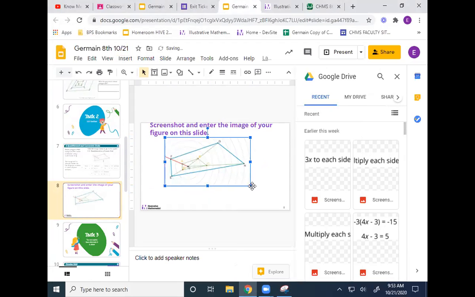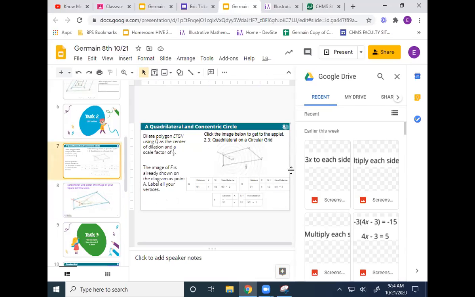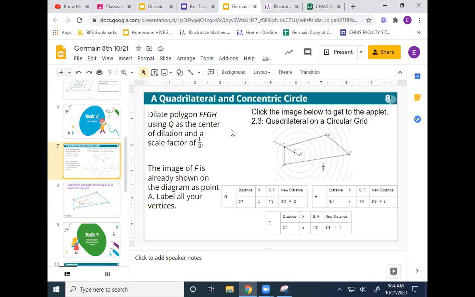Okay? Does anyone have trouble inserting or taking a picture of their work? No? Wonderful. Awesome job, guys. So we just did a dilation by a scale factor of 1/3. Awesome job, everybody. I'm so proud of you.